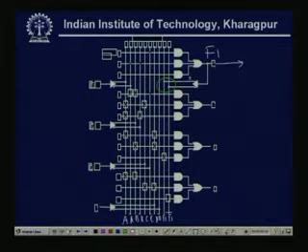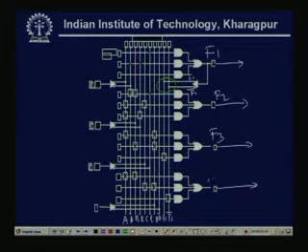This is F1, this is F1 complement, and the rest of the things are same. This is F2, F3, this is F4, where in F3, F1 is one of the inputs, and in F4, F1 bar is one of the inputs.